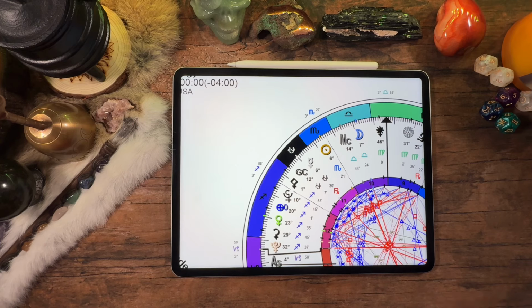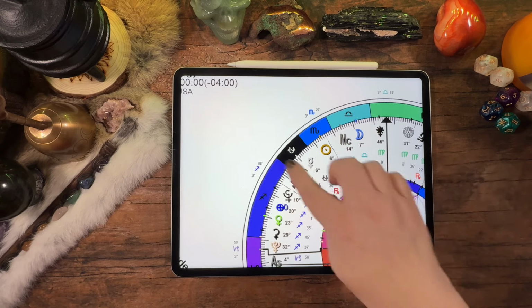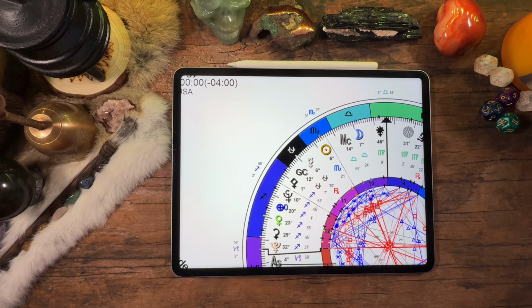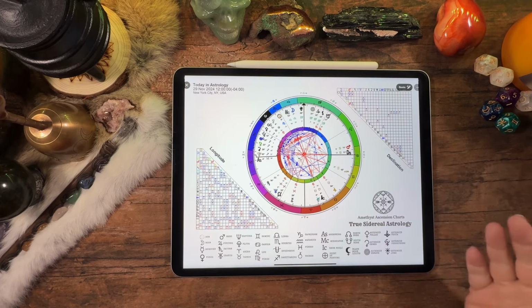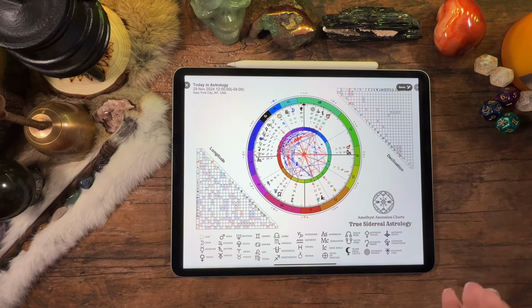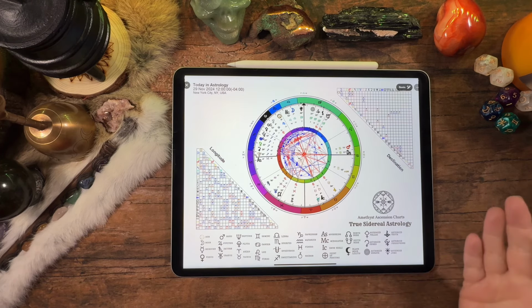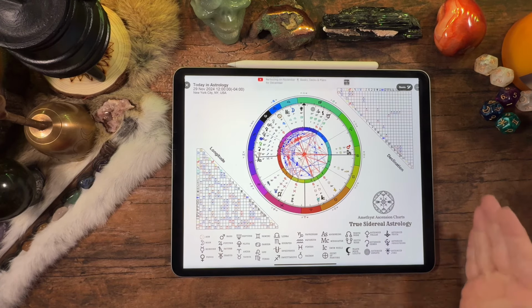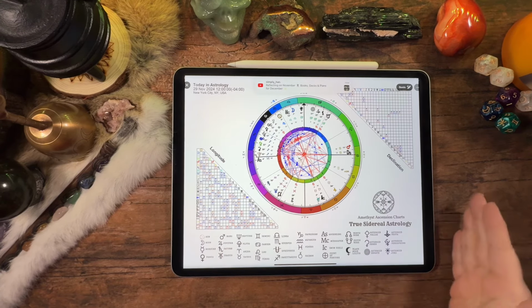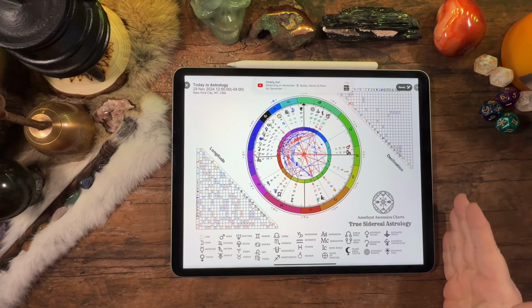For those that worship the sun like it is God, which, anyways, that's a different topic. But why would that be hidden? Why would that not be considered? Why were there 12? Why were they all evenly 30 degrees when they're not actually that size? Because it was a system that was created. It was not based on astronomy.